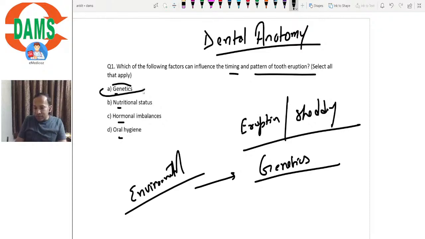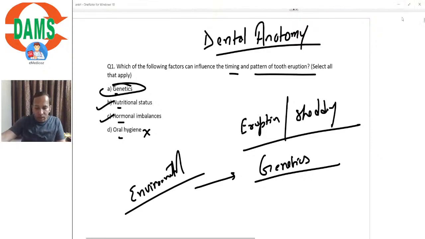So genetics definitely has the major role. Then nutrition and hormonal imbalance are all involved except for oral hygiene. Oral hygiene does not have any role in the eruption of the tooth, right? So let's go to the next question.